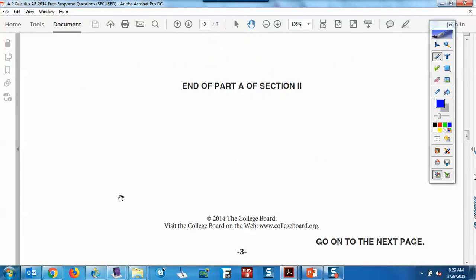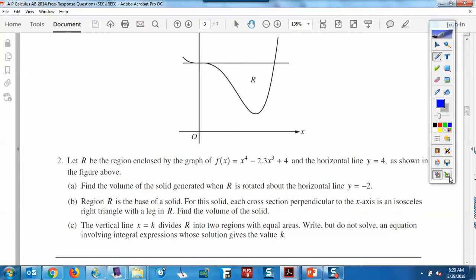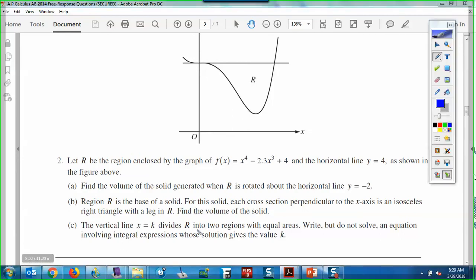So let's go back to 2, C. It says the vertical line x equals k divides R into 2 regions with equal areas. Now, it's x equals k, so it's a vertical line. Somewhere right in here is going to be a vertical line that's going to make 2 equal areas. Write, but do not solve, an equation involving integral expressions whose solution gives the value k. Well, we did one very similar to this the other day.